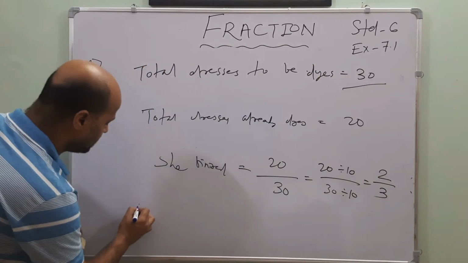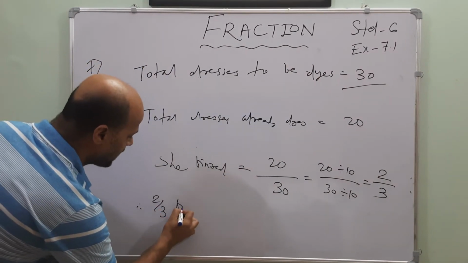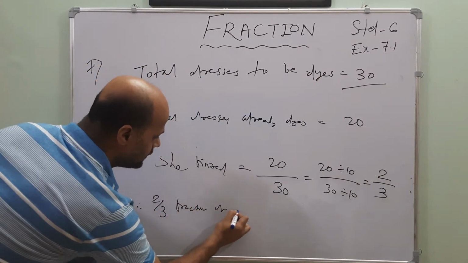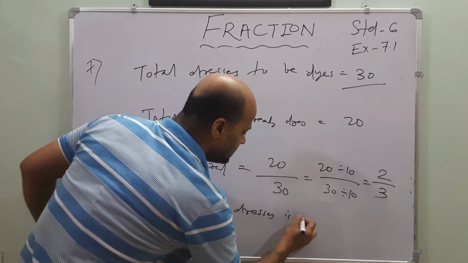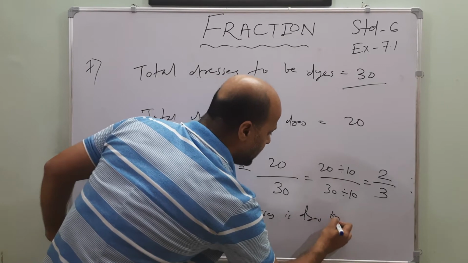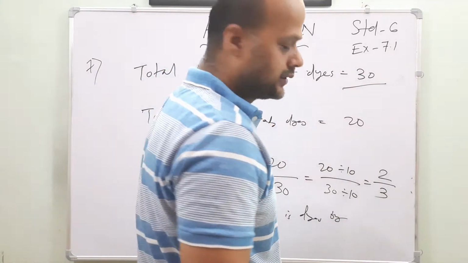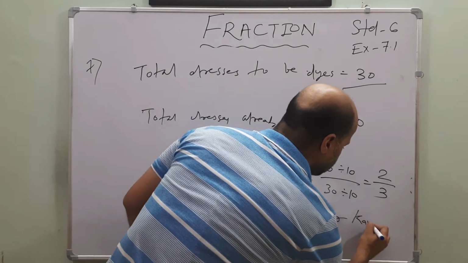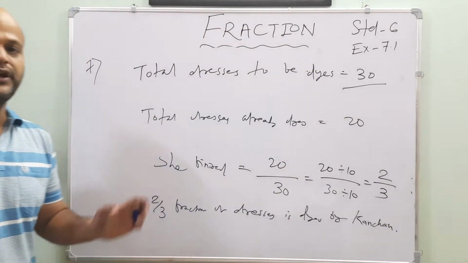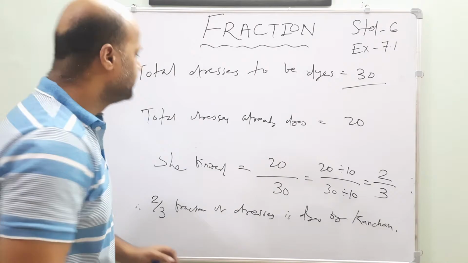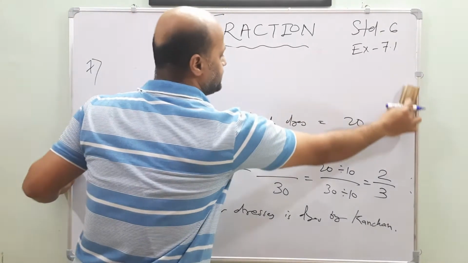So you have to write, therefore, 2 by 3 fraction of dresses is dyed by Kanchan. This is the statement you have to write, my dear friends. In this manner, you have to solve the question. Okay. Very good.